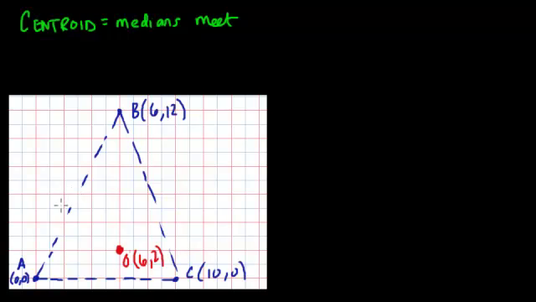So we can have three medians here, one to each side of the triangle, and they'll meet together at one point. That's our centroid. So let's approximate, and that's okay. We can always start by approximating. Where would the middle be on this side between A and B, the midpoint? Well, we can use the midpoint formula to do that instead of estimating. That probably makes more sense.